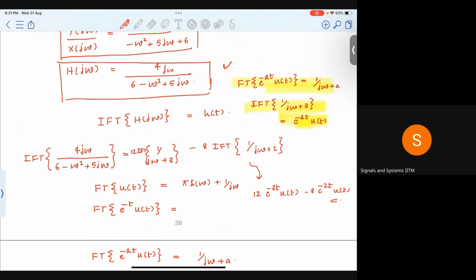Ma'am, question 6. Week 10 practical assignment, question 6. Just a second.